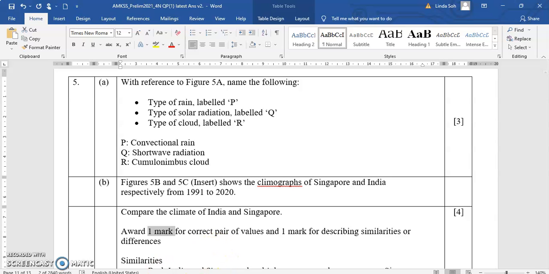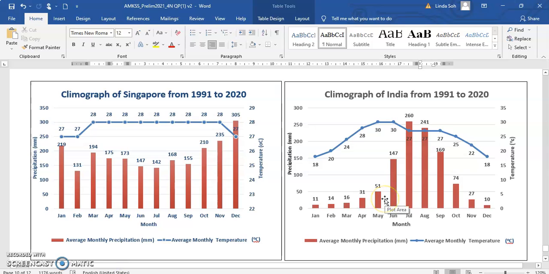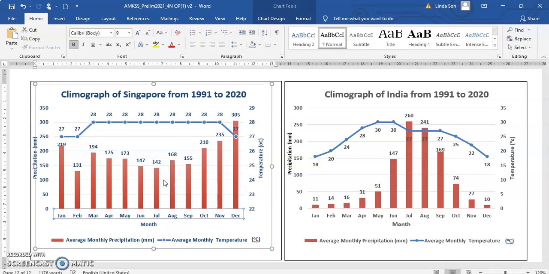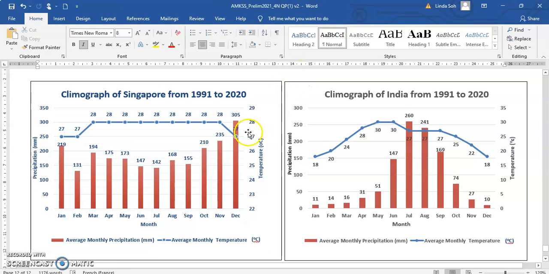If we look at this, what are some of the similarities? You can see that both places have high total annual precipitation. What is total annual precipitation? That means you add up all the rainfall from January to December. As well, you can see that the temperature for both places is quite high.